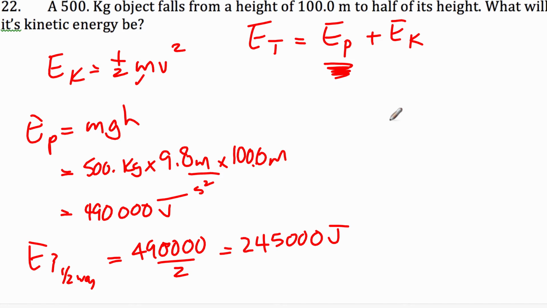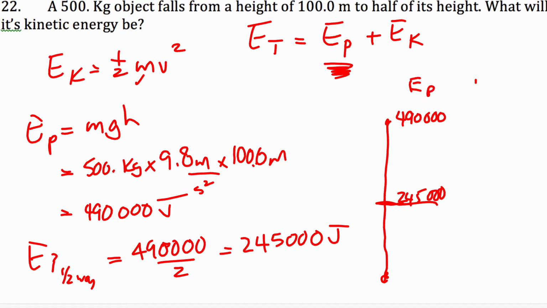Again, if I look at it being at the top, and here's the bottom, at the very top, I've got 490,000 joules of energy. If I let that thing go down to halfway, it's going to have half of that amount of energy, or 245,000 joules. And that is potential energy. If I was looking at kinetic energy, at the top it's not moving, so it's got nothing.